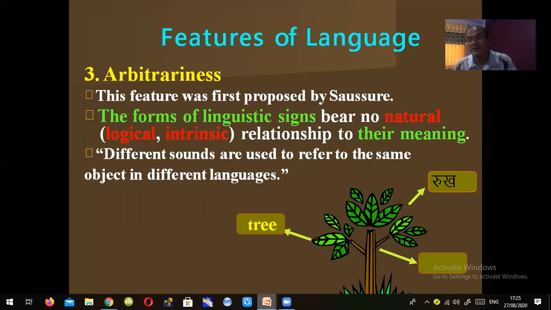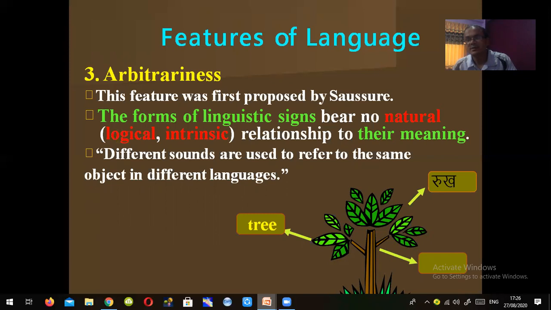Our nose can be called something else. This means different sounds are used to refer to the same object in different languages. That's why language should have the feature of convention, arbitrariness.